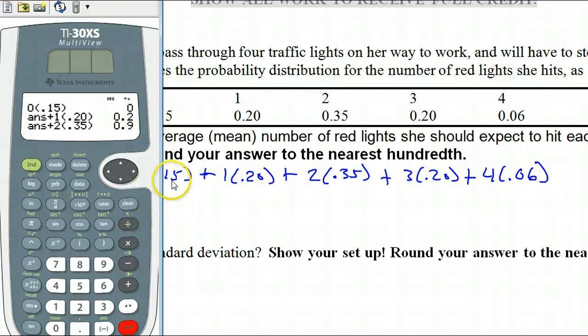Okay, where was I? So I did 2 times 0.35. Okay, plus 3 times 0.20. All right, plus 4 times 0.06. I'm getting 1.74.